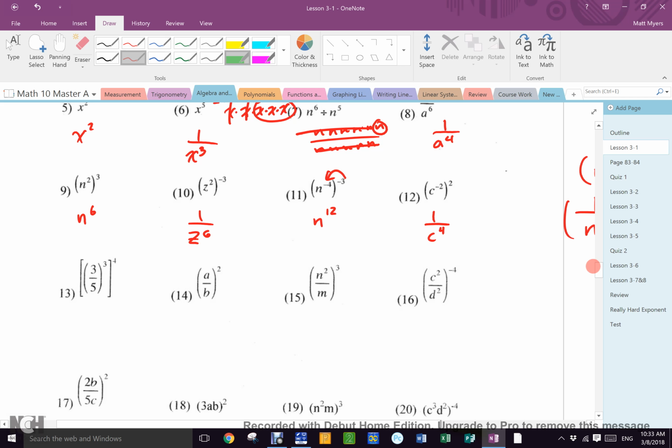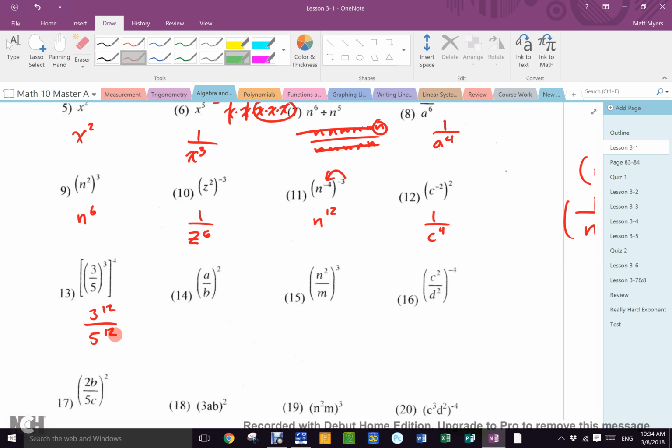Number 13. Fractions and exponents. What is it? It's a little something something. Michael. 3 to the 12th over 5 to the 12th. Now, when it shows up on the screen, which it will in a moment, I'm going to ask, why am I stopping there?